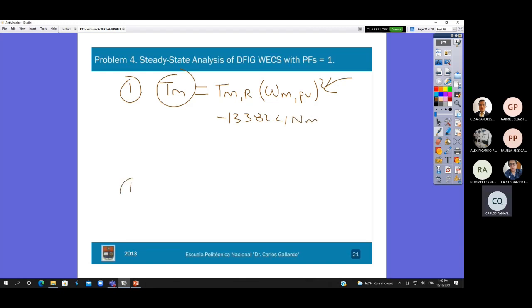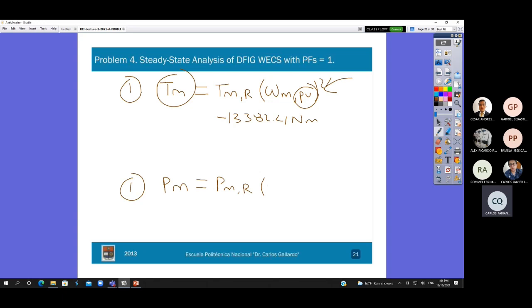My first way, in order to compute the mechanical power, in this case is proportional to the cube. Okay, is proportional to the cube. So in the previous calculation, we know this value is equal to the rated mechanical power times the speed ratio. What is the reason I call it the per unit value? Because the base is equal to the rated value. In this case, it's the same.